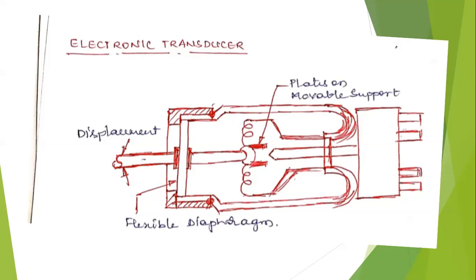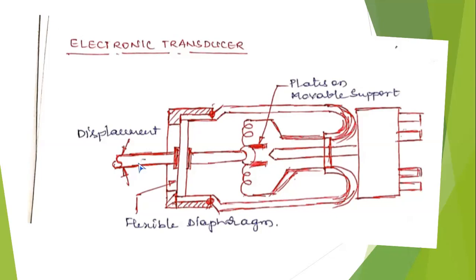Usually, the surface roughness can be measured by using any type of comparator or electronic transducer. The principle of operation of the electronic transducer is as follows.